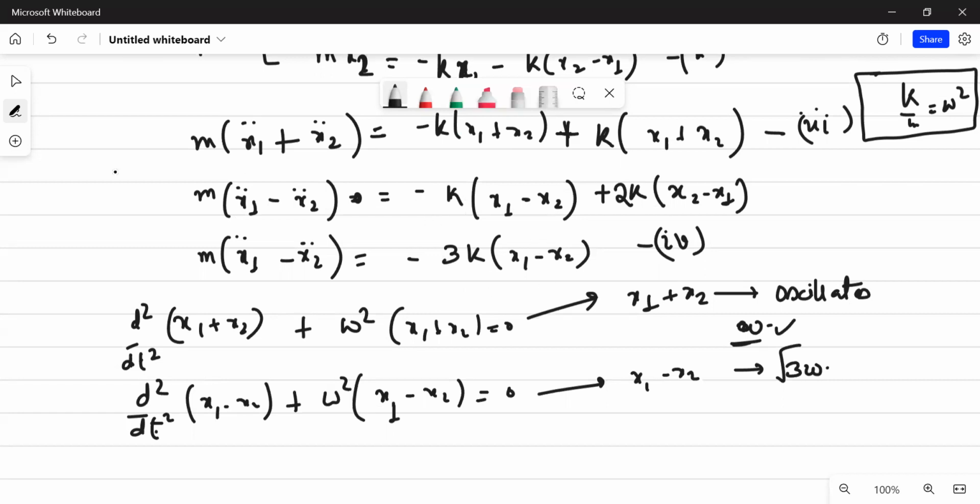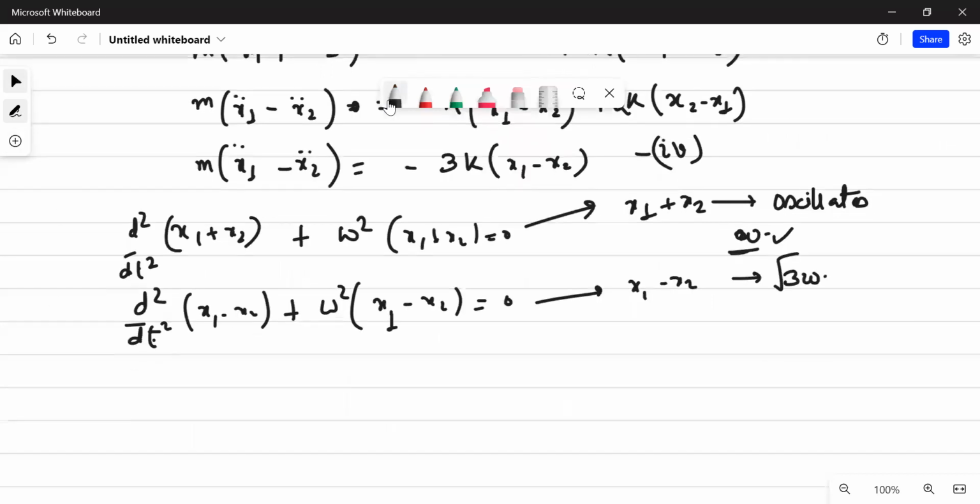Is that clear? And if you try to take the sum and difference, and if you want to find this x as a function of t, your x as a function of t would be some constant, let's say a, and let us write it as cos(omega t plus phi 1), and then plus you write a2 here.